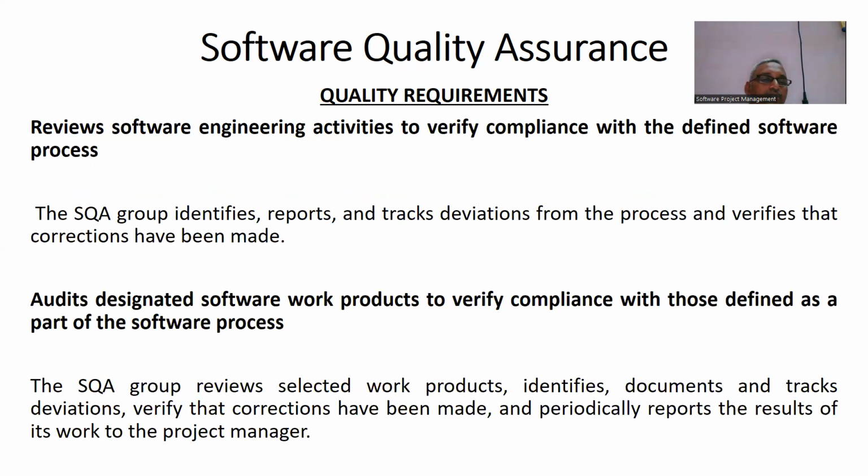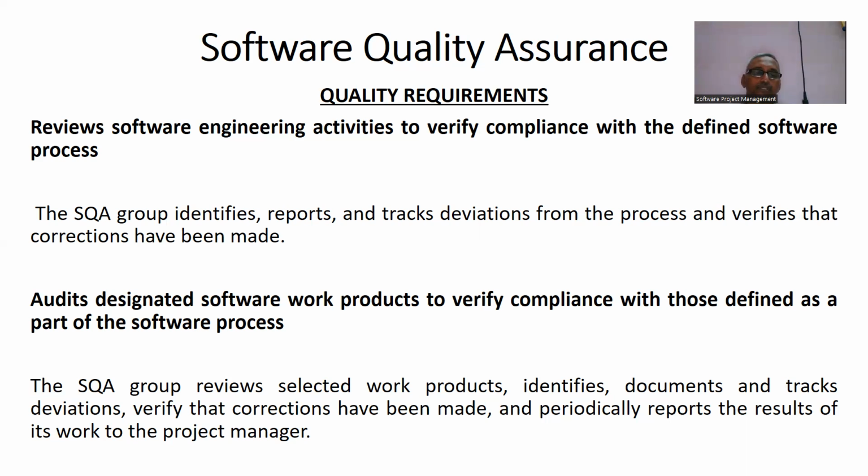Audit designated software work products to verify compliance with those defined as a part of the software process. The software quality assurance group reviews selected work products, identifies, documents, and tracks deviations, verifies that corrections have been made, and periodically reports the results of its work to the project manager.